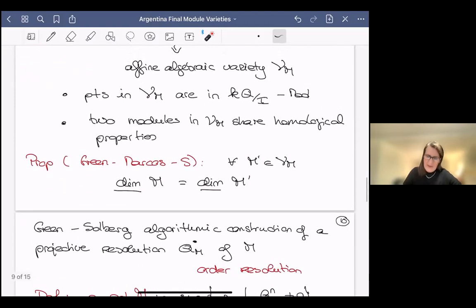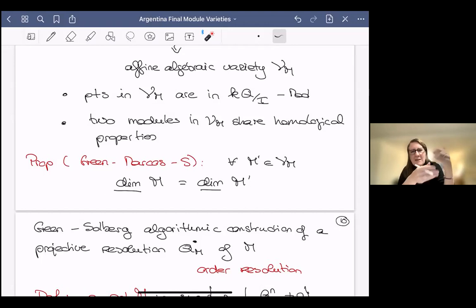And okay, in order to tell you a little bit about the homological properties things share, I have to tell you something about a particular projective resolution. Namely, it's a projective resolution constructed by Green and Solberg. And this projective resolution is constructed using non-commutative Gröbner basis.